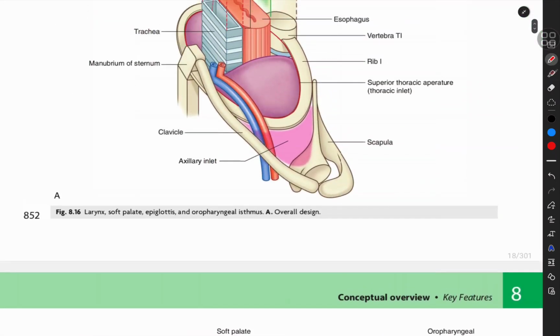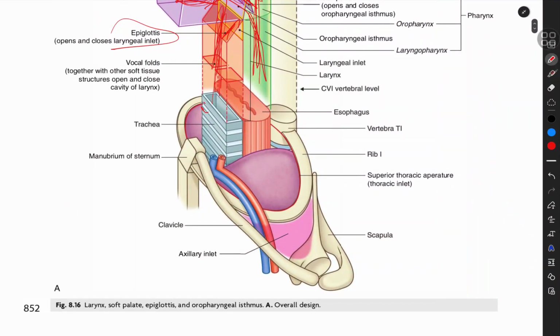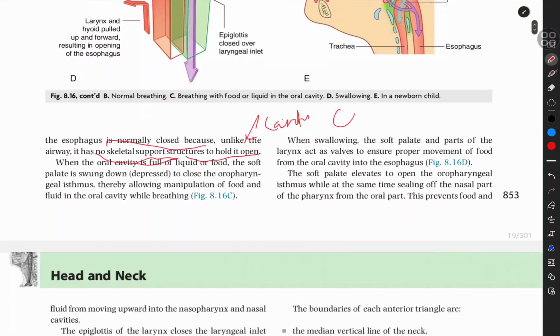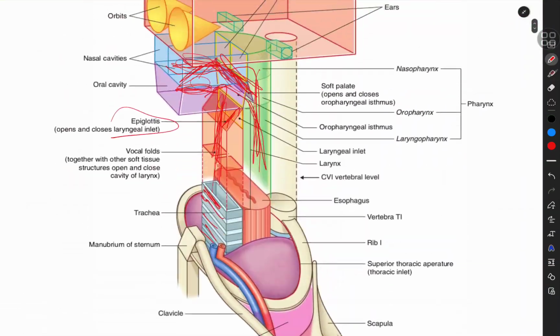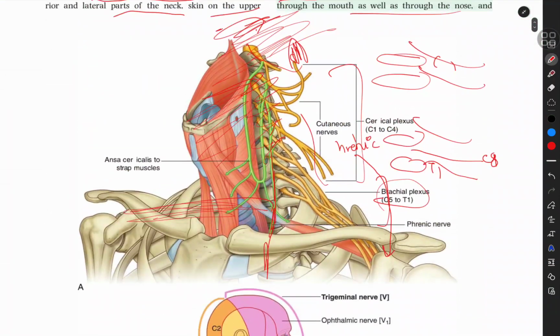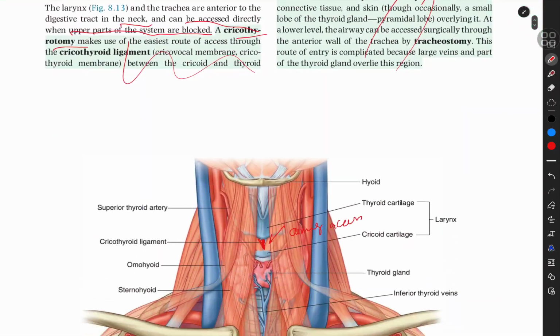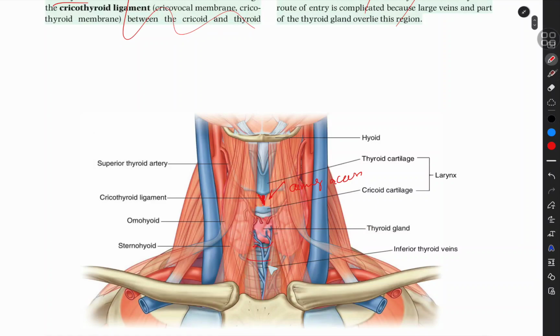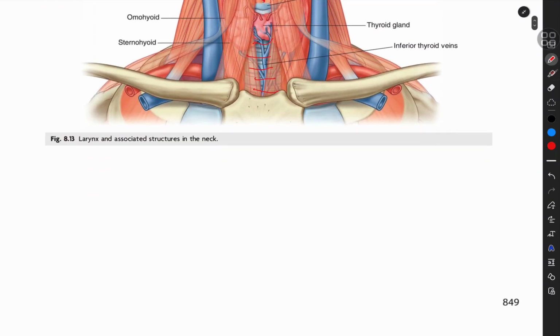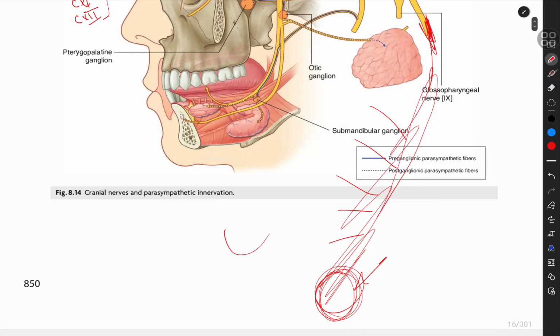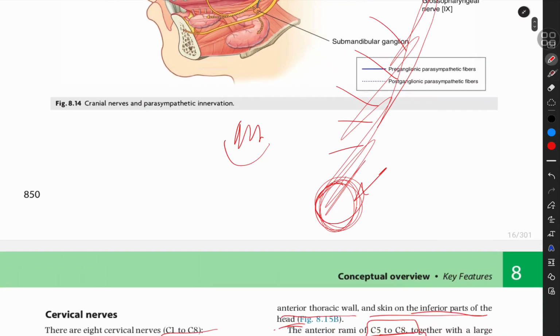We can always see them on drawings like these, but they're not C-shaped here because this is a schematic drawing. Let me find the trachea. Yeah, here. These are the C-shaped rings, and posteriorly is the trachealis muscle.